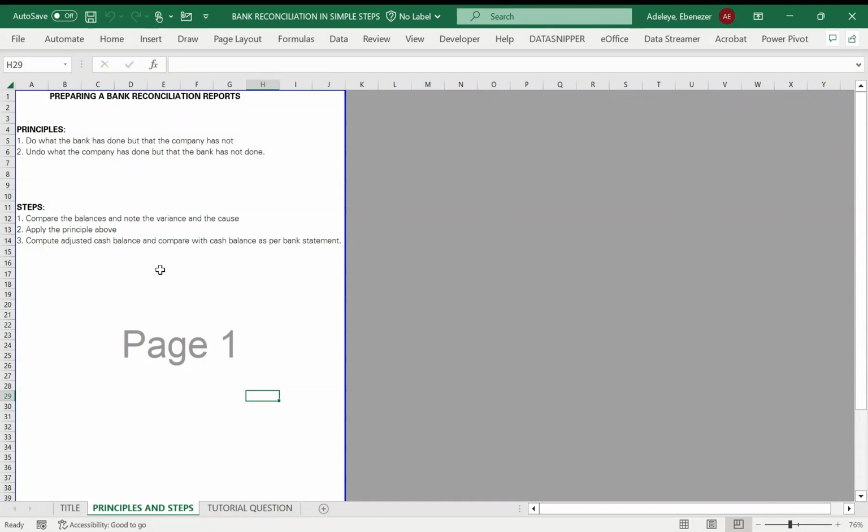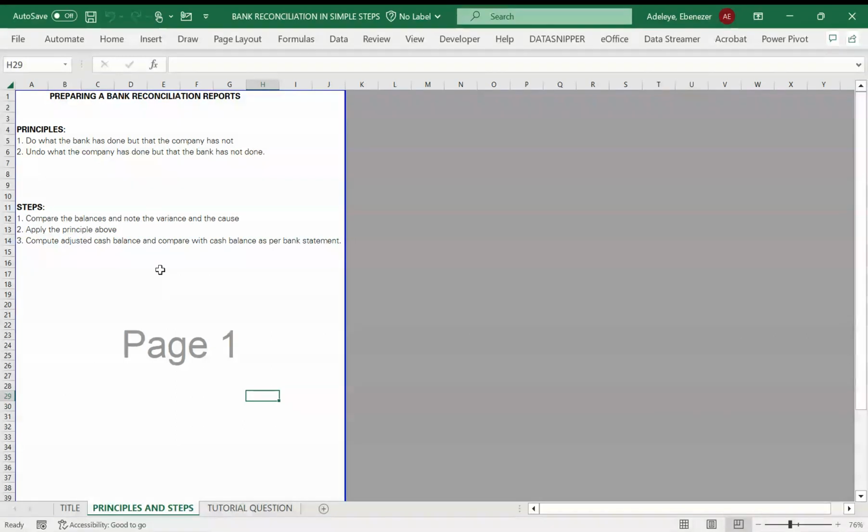Like I mentioned, there are two cash balances we are looking at: the one as per the cash ledger, and the second as per the bank statement. The first approach is to reconcile from the cash balance as per the cash ledger towards the cash balance as per the bank statement, which is what we're going to be using here. The second approach is to reconcile from the cash balance as per the bank statement towards the cash balance as per the cash ledger.